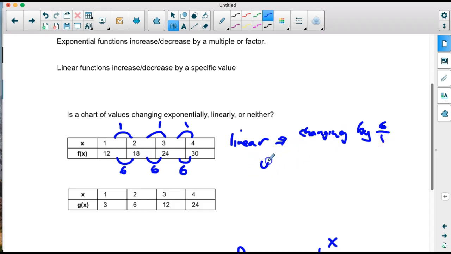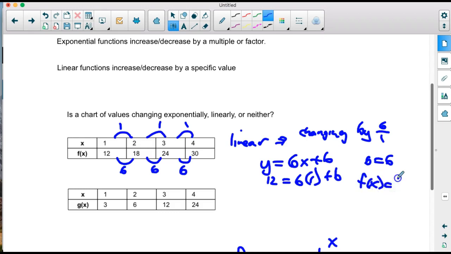So our equation there is y equals 6x plus a b value, and you would then plug in a point like (1, 12). Put 12 in here: 6 times 1 plus b, and b would be 6 in this case, so we'd end up with f of x equals 6x plus 6 for its equation. It's linear, it goes up by the same amount, and increases by the same ratio, 6 to 1 each time.